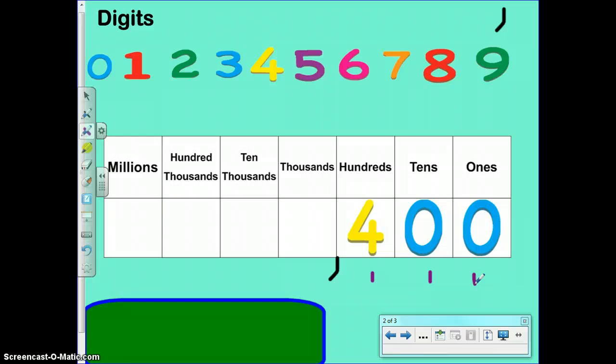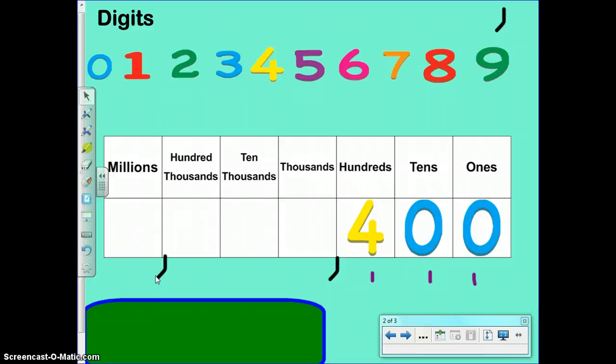So then you'd also have a comma after the hundred thousands place, like so.